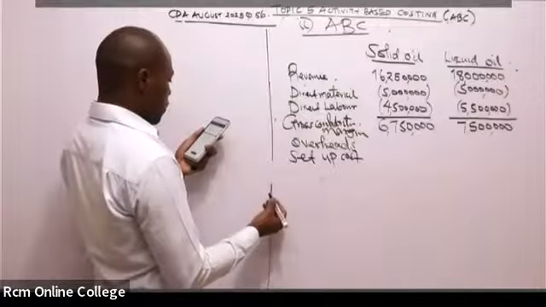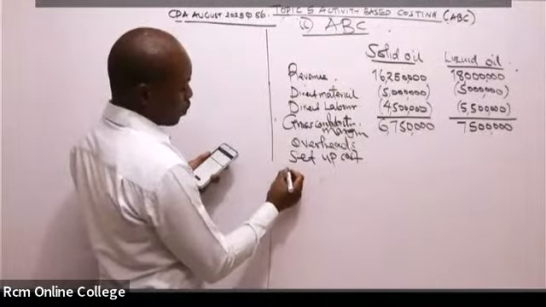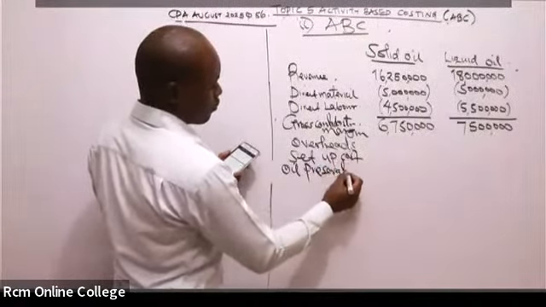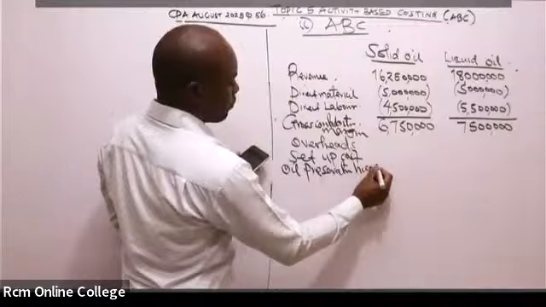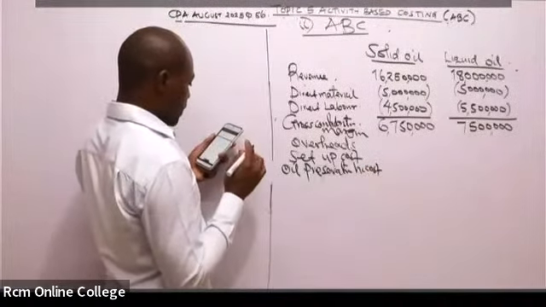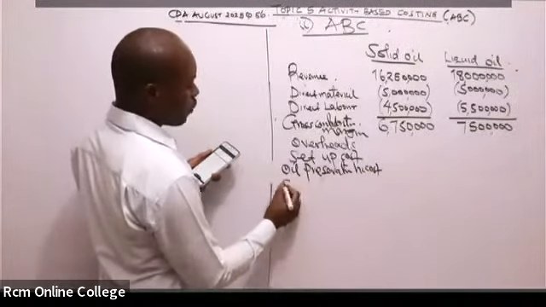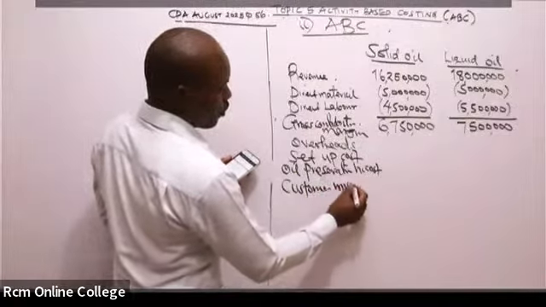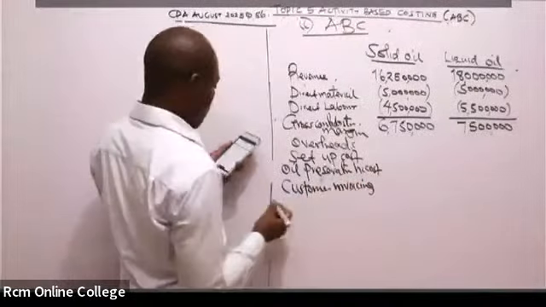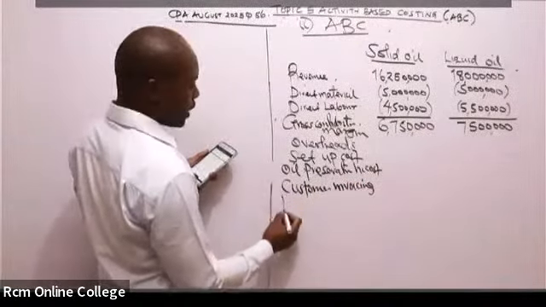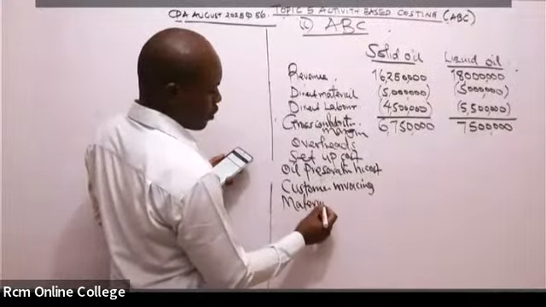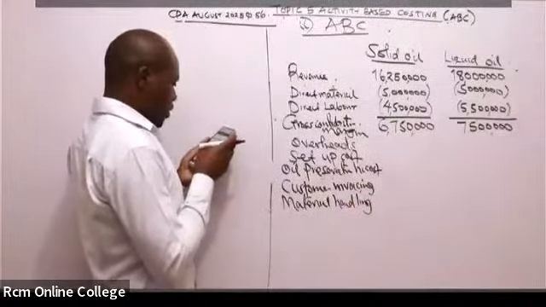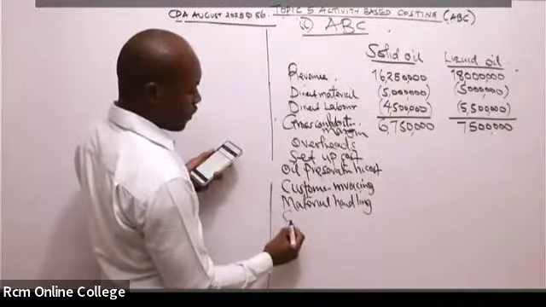Number 2, the preservative handling cost. Then we are also looking at customer invoicing cost. Then we are looking at material handling cost. Then we are looking at general overheads.